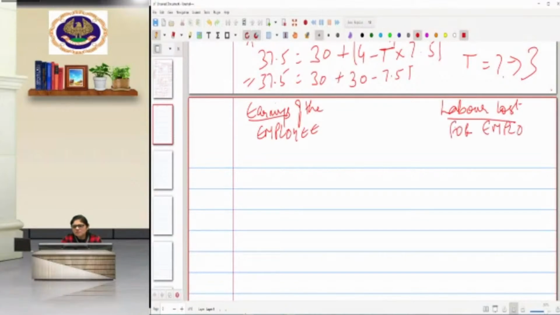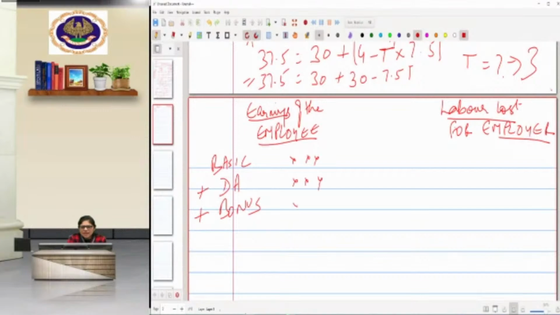So labor cost we calculate for employer and earnings we calculate for employee. So earnings when we calculate is basic plus DA, whatever the employee is getting, let us say bonus also. So basic, DA and bonus, all three things will be added, less employee contribution.